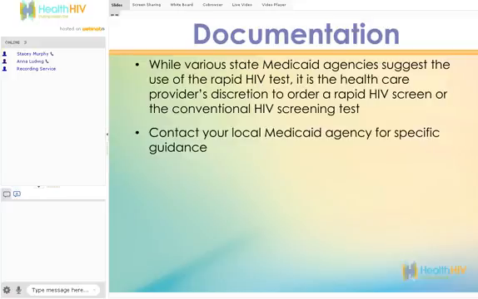We're going to look at a few upcoming slides that will provide you with the detailed codes that you can use for rapid HIV testing versus the blood draw, where you send the labs out to an independent lab, or maybe you have a lab on site that you use. So you have to check with your local Medicaid state agencies and the insurance plans that you participate with to determine specifically how they want you to report those.